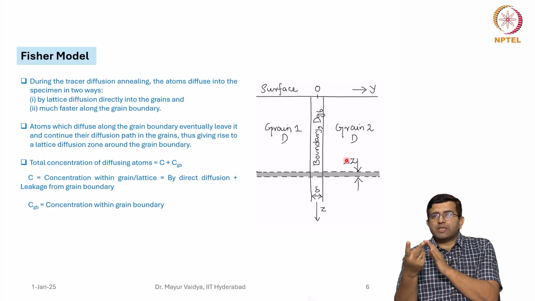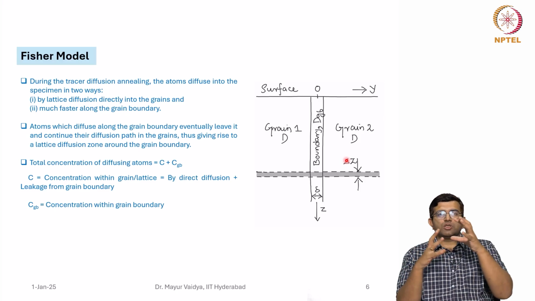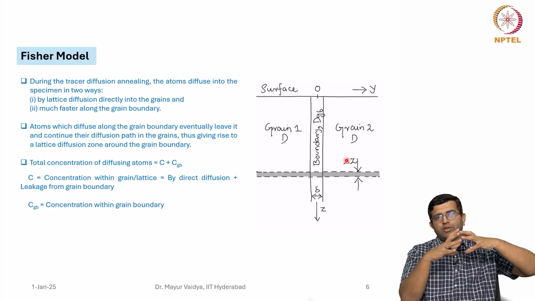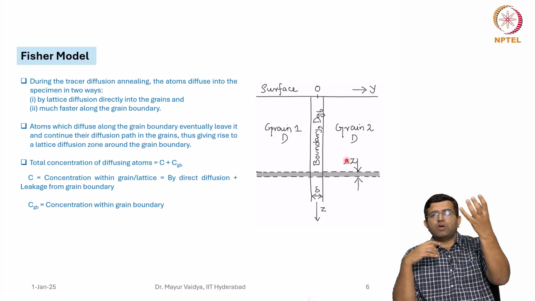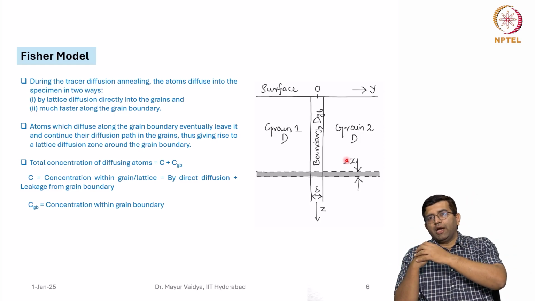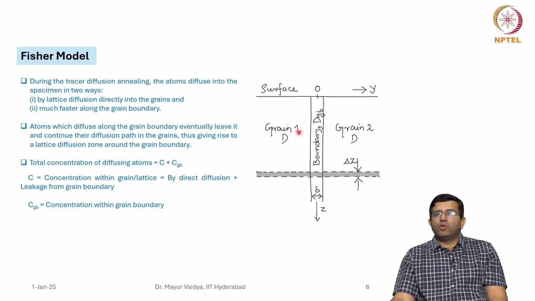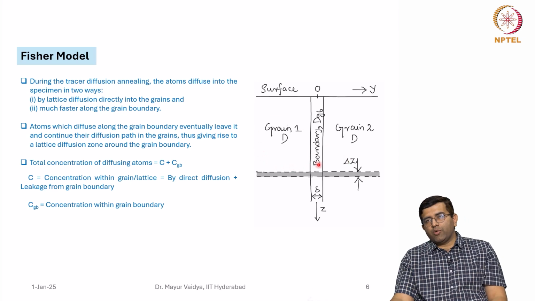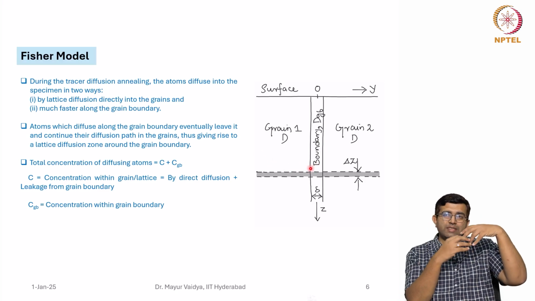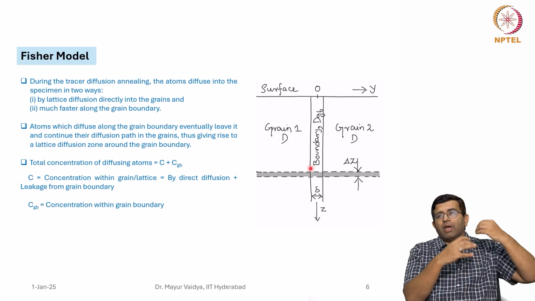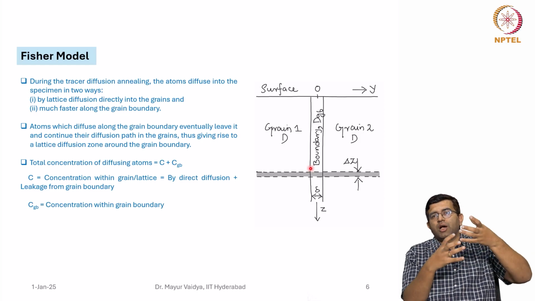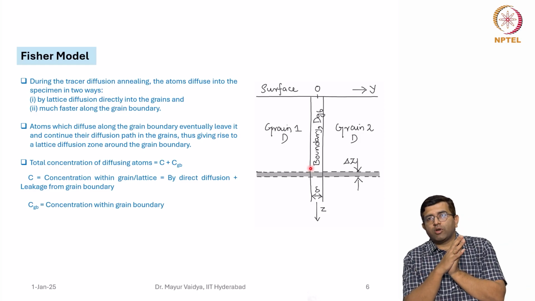The second complexity that comes is that so far whenever we considered concentration profile, we had one concentration function C of x comma t. Here, now you have concentration within grain and you have concentration within grain boundary, and since the diffusivities are different along the grains and along the grain boundaries, you have to use two different functions to understand the overall behavior.